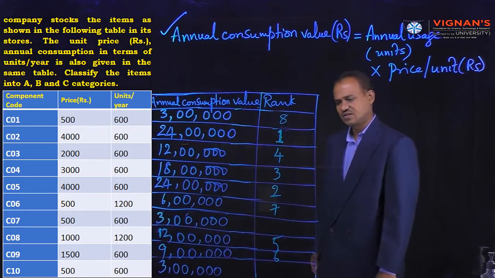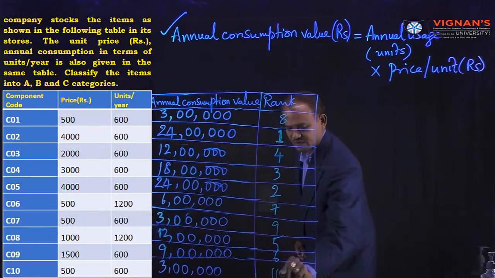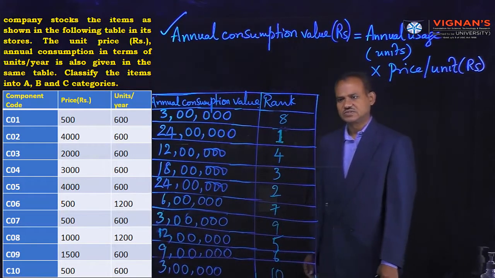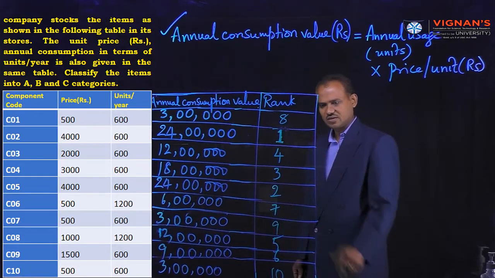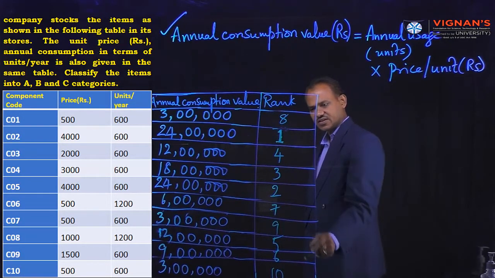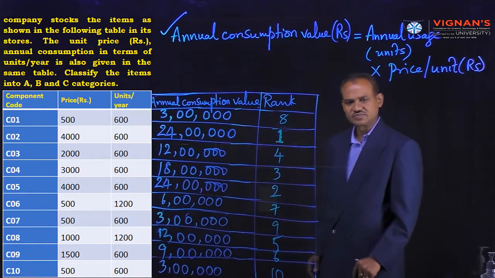Eighth, 9, 10. So these are the ranks. Observe all the ranks we got: 1 2 3 4 5 6 7 8 9 10, all the ranks we got.